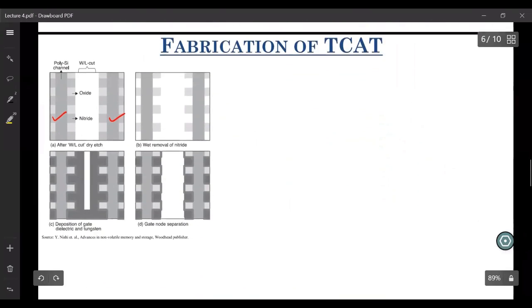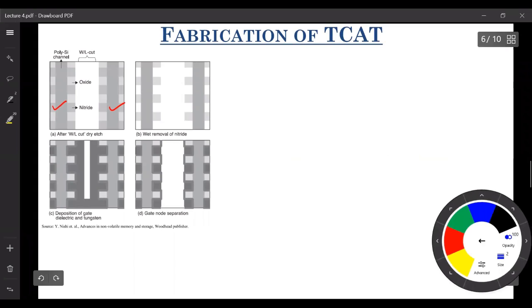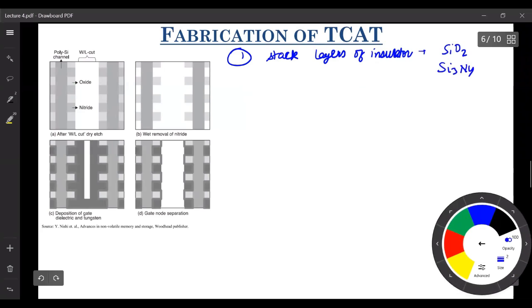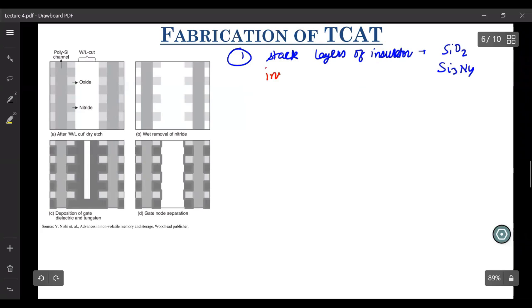So how this TCAT is fabricated is, in the first process, you stack layers of insulators. These insulators can be SiO2 and Si3N4. In BICS, what you used to do was insulator plus polysilicon, right?